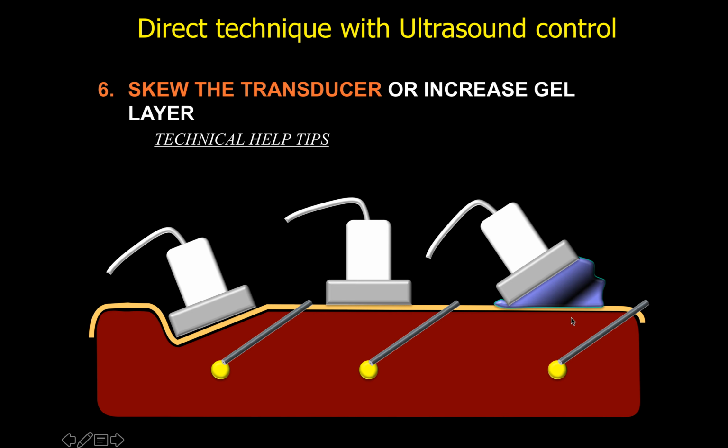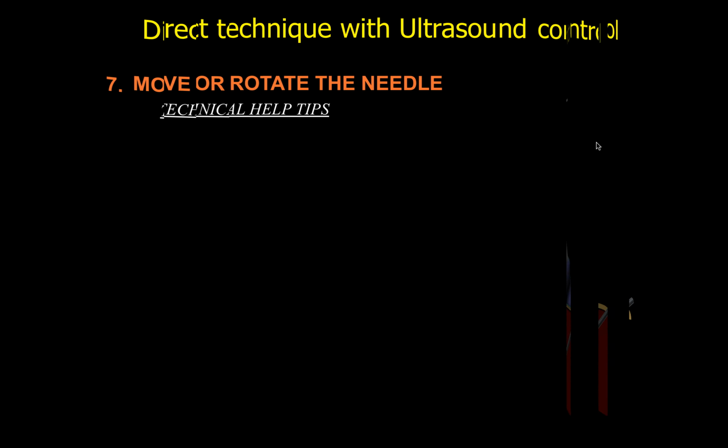We can also try putting a very big layer of gel. The only problem is that this remains only a few seconds, and the stability and the asepsis of the solution are not so good. We prefer to skew the transducer and make pressure on the skin.